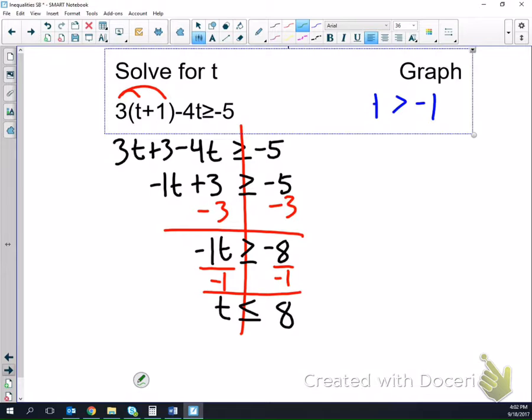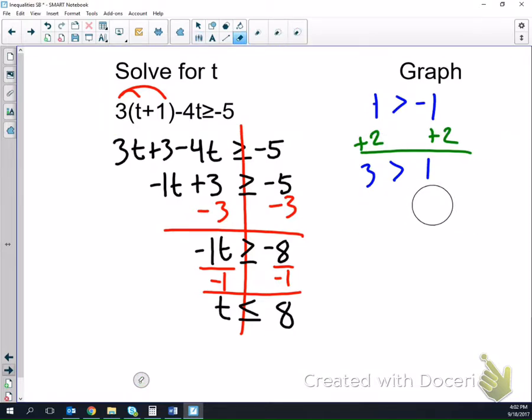All right, now let's try doing different operations to both sides of this. Let's add 2 to both sides. Now I'd have 3 is greater than 1. Well, that's still true. What if I subtracted? Let's subtract 4 from both sides.